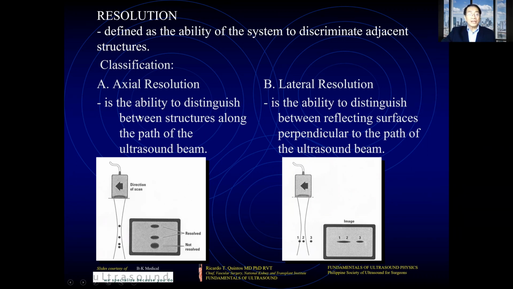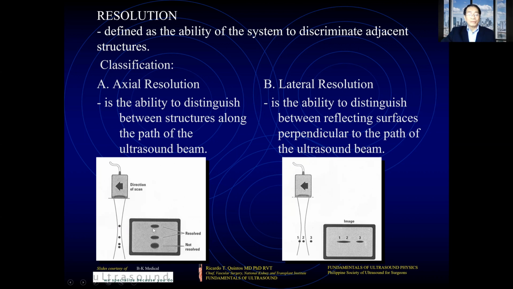So there are two kinds of resolution. Axial resolution is the ability to distinguish between structures along the path of the ultrasound beam. If this is your focal point, and these are your target organs of interest, at the focal point you will see that the two structures are well resolved as two different structures.